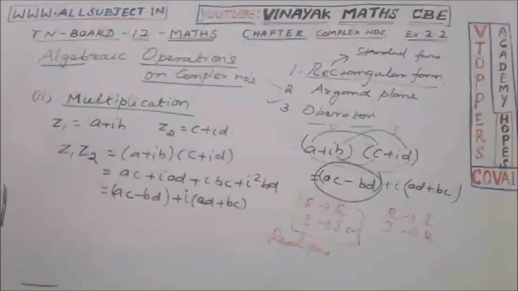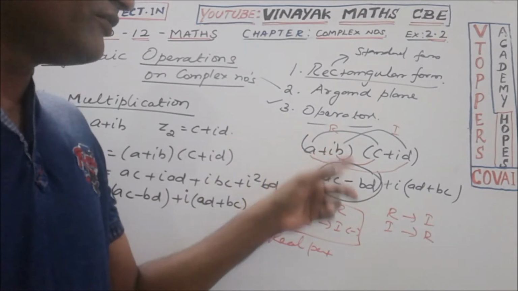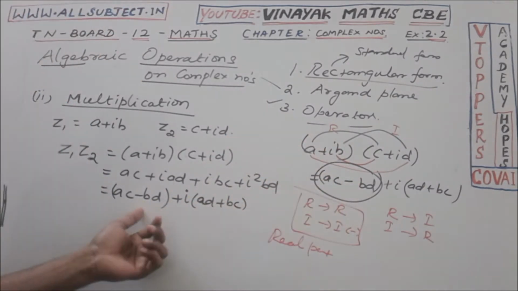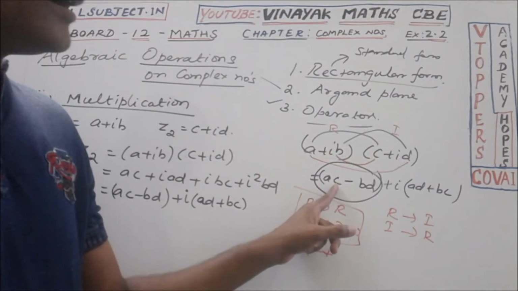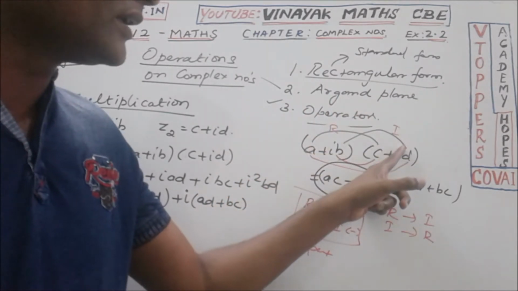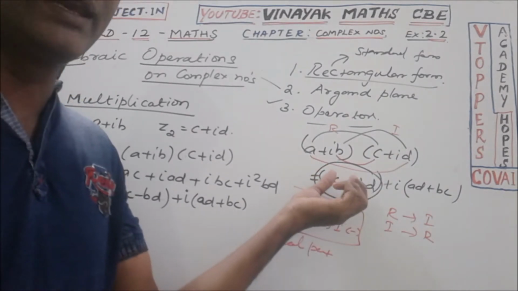When we multiply in this way, we will easily get that product. First we need the real part. So to find the real part, multiply real to real, then multiply imaginary to imaginary, change its sign, and directly you can get the real part.